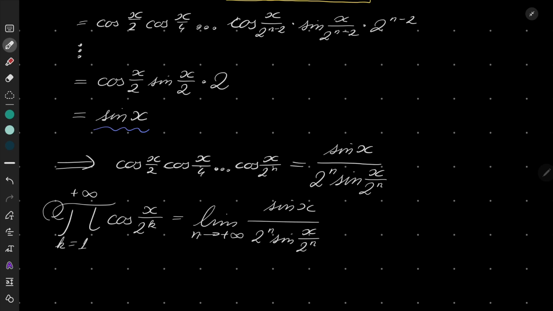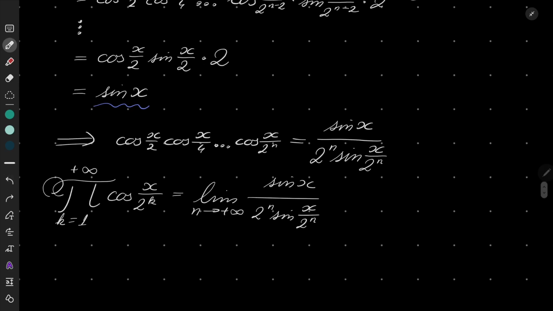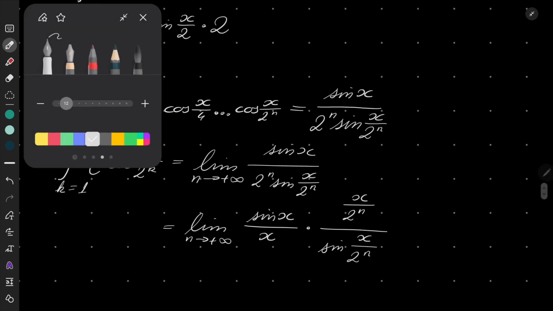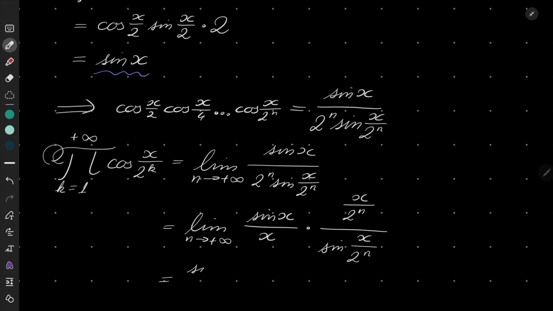Okay, and now I will do one trick. I will write this as sine of x over x times x over 2 to the power of n over sine of x over 2 to the power of n. And now let's look. The first part is constant.